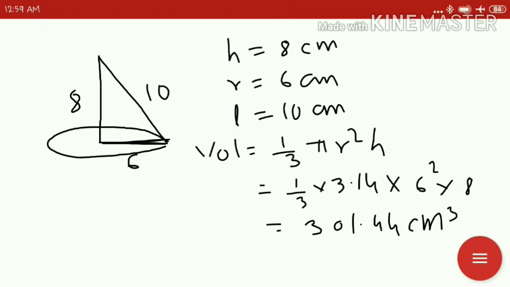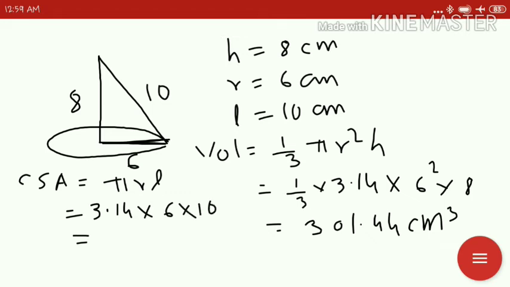That is the volume. Now to calculate the curved surface area, CSA in short, it is pi r L: take pi as 3.14, r as 6 and L as 10, and you will get 188.4 centimeter square. Be careful about the units. For volume it will be centimeter cube, for surface area it will be centimeter square.